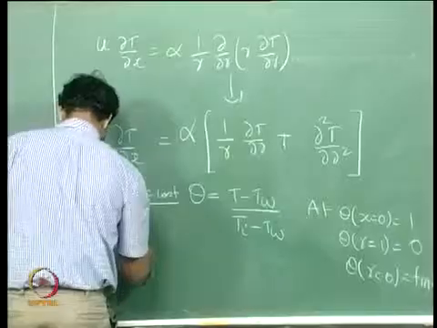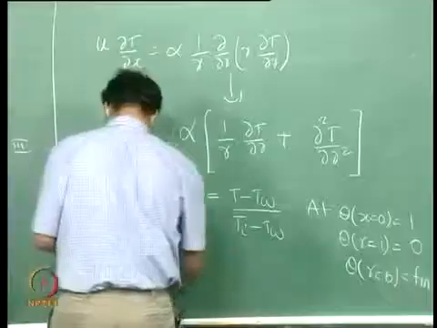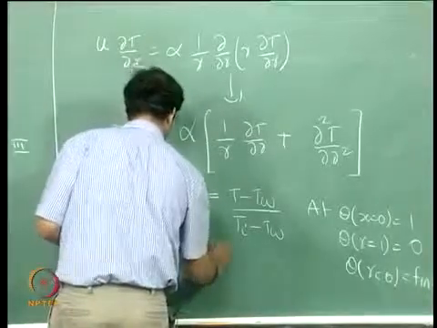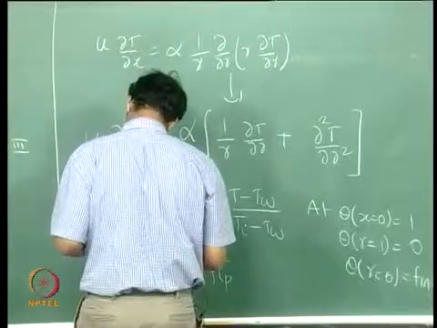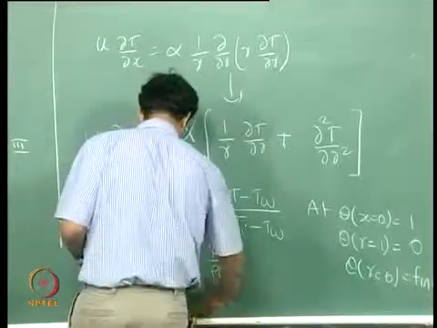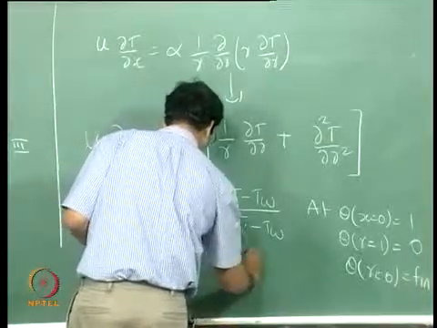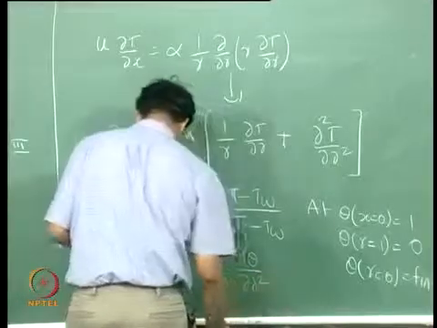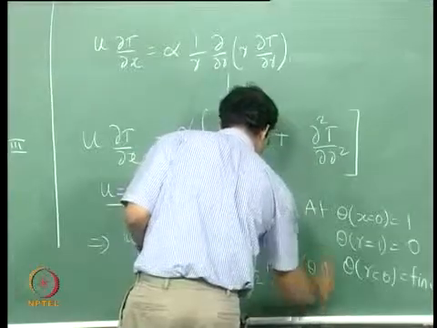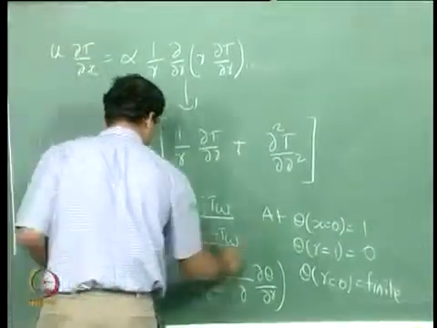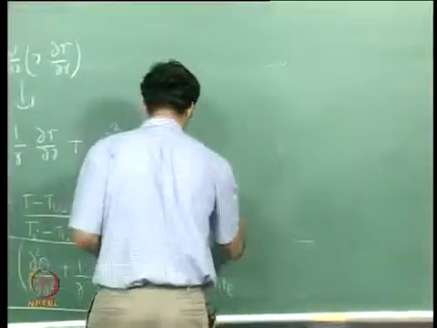So this can be written as d theta by dx equal to k by rho Cp, or I can just leave it as alpha here, times d square theta by dr square plus 1 by r d theta by dr. So this is my non-dimensional temperature and these are the boundary conditions.